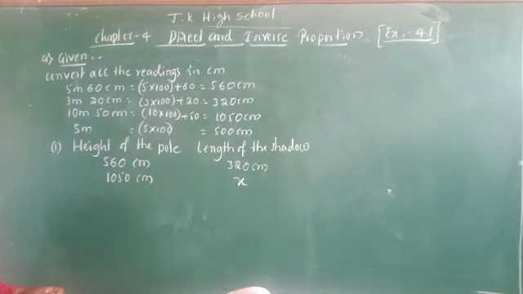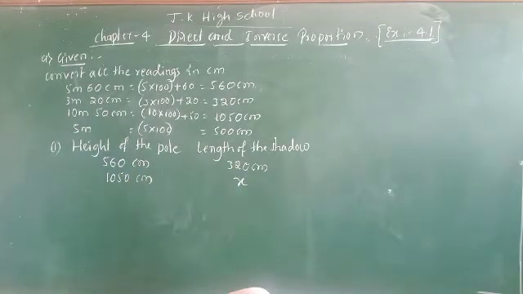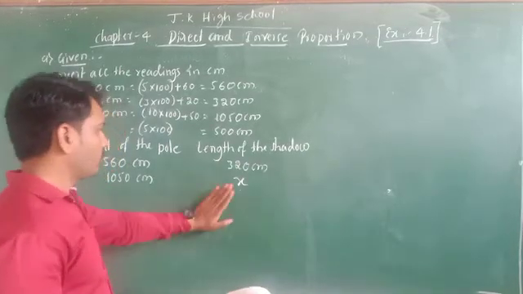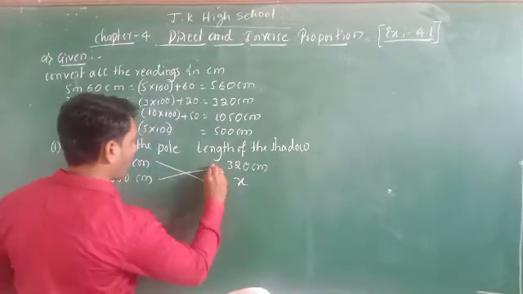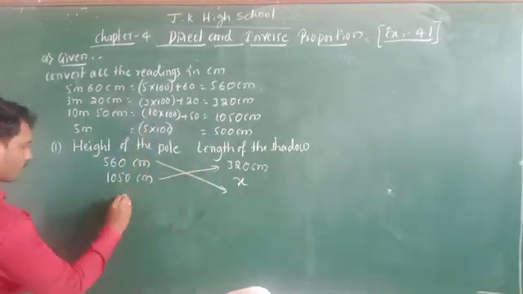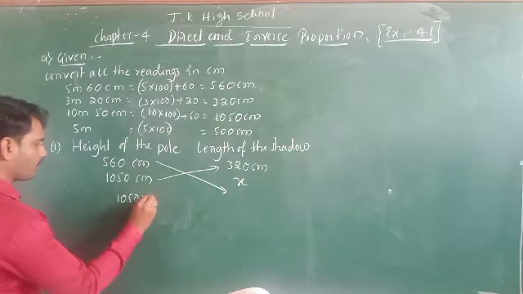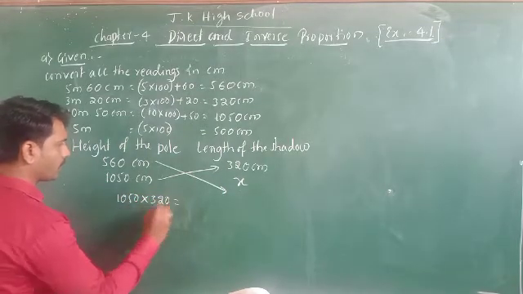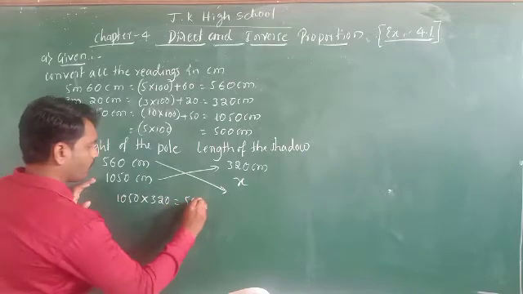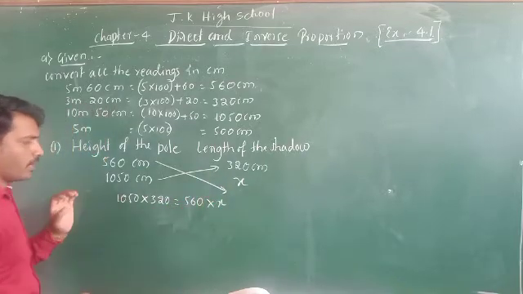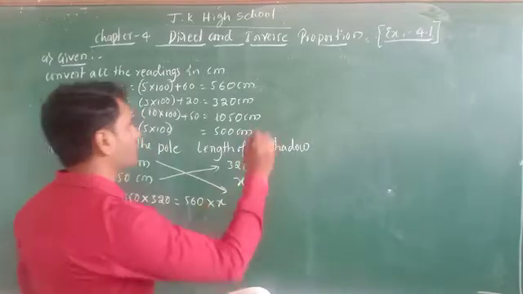Find out the length of the shadow. So question number 1 has given the height of the pole. We should find the length of the shadow with cross multiplication. Okay, 1050 into 320 is equal to 560 into x.